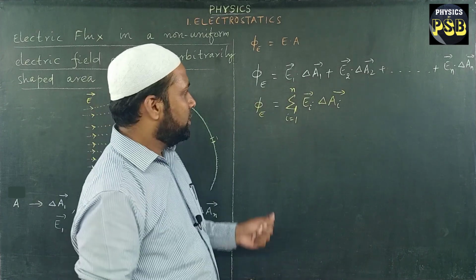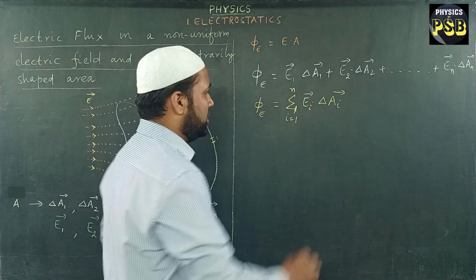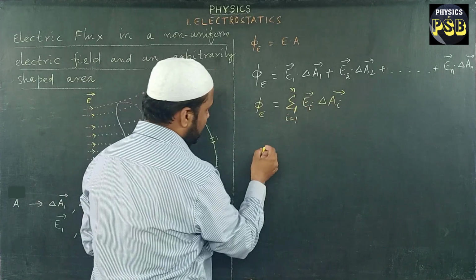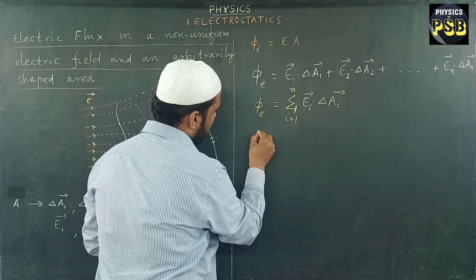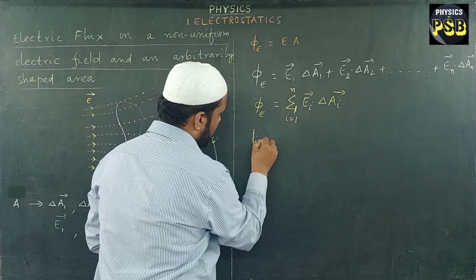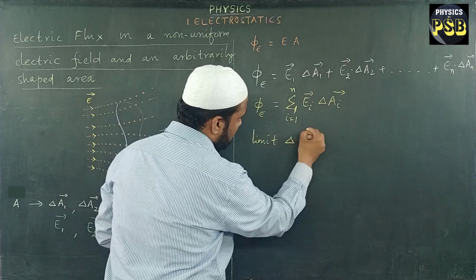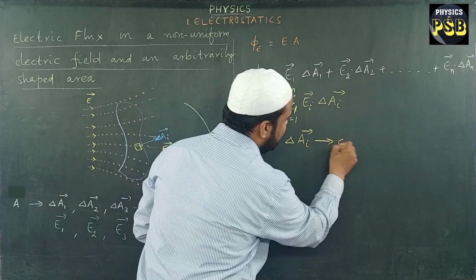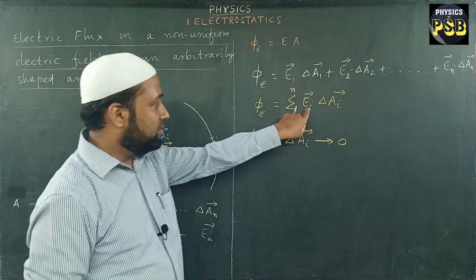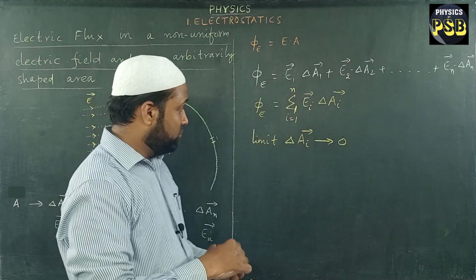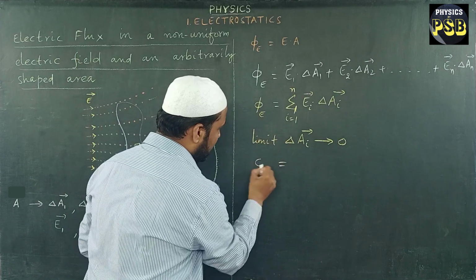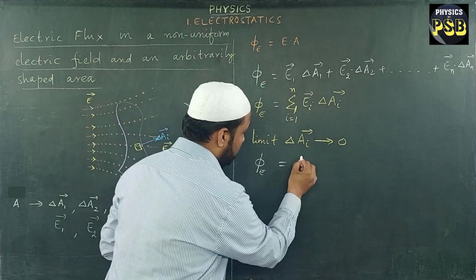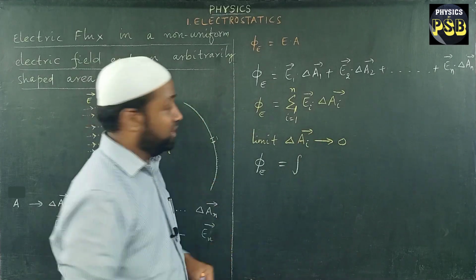Now, suppose the limit of delta Ai vector tends to 0, then the above expression will be written something like this. Here we write phi E as such. In the place of summation, we will write integration.